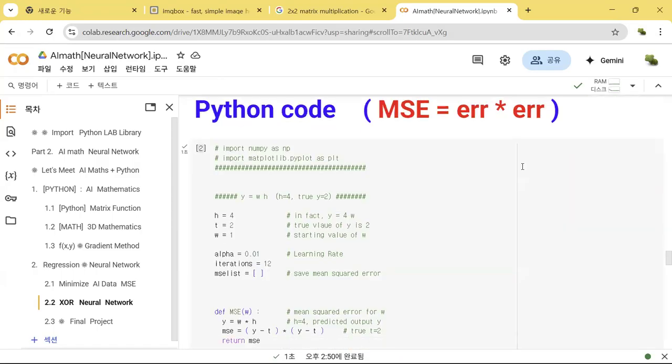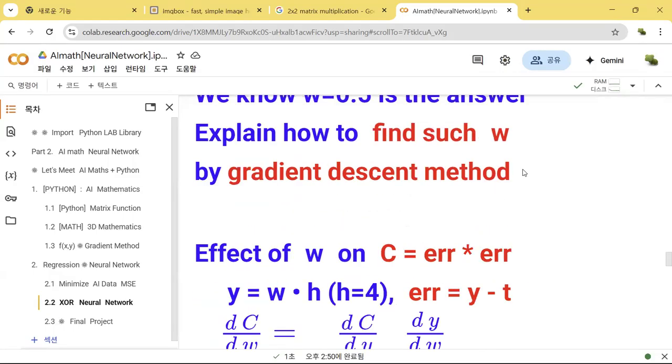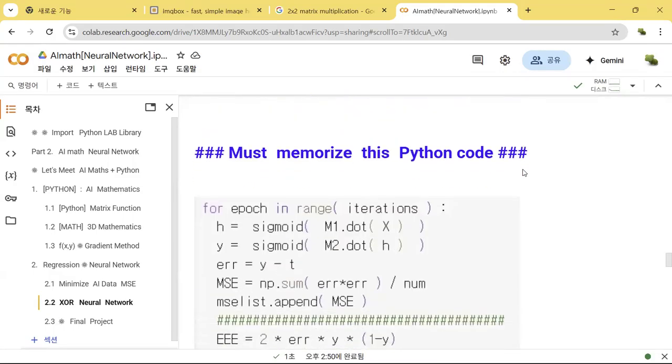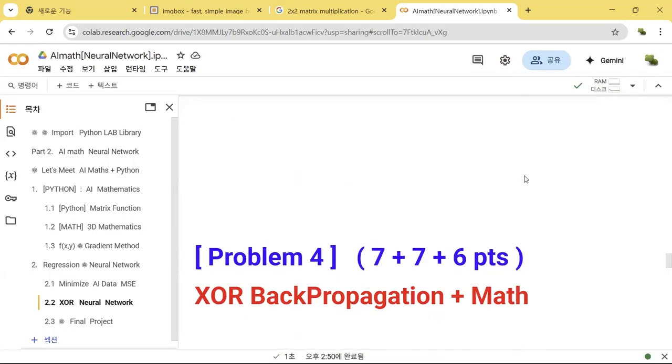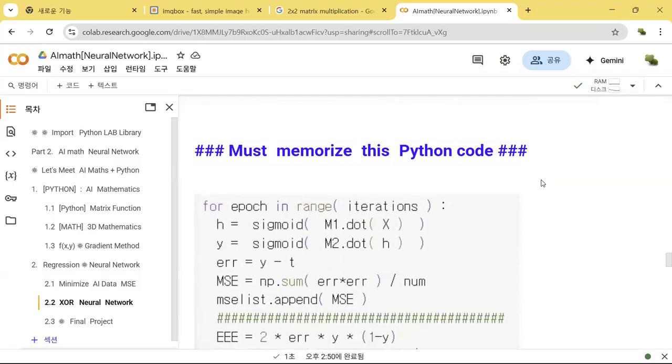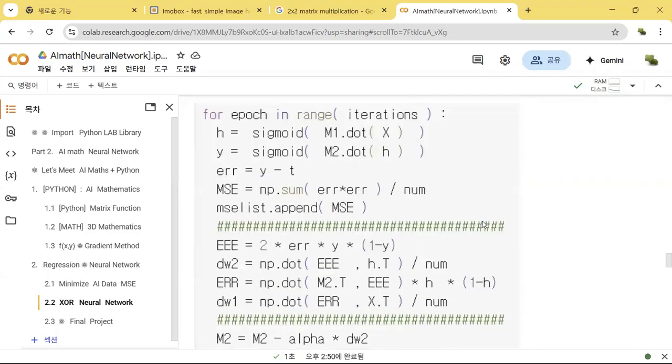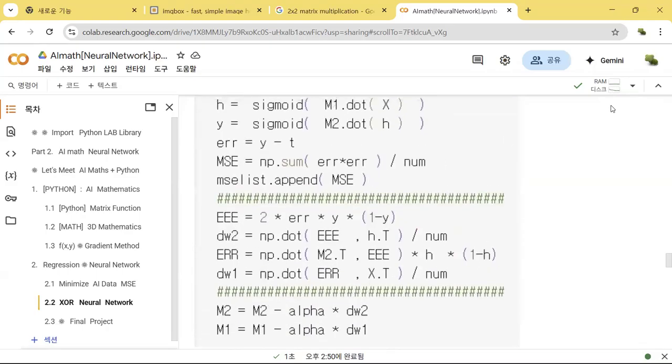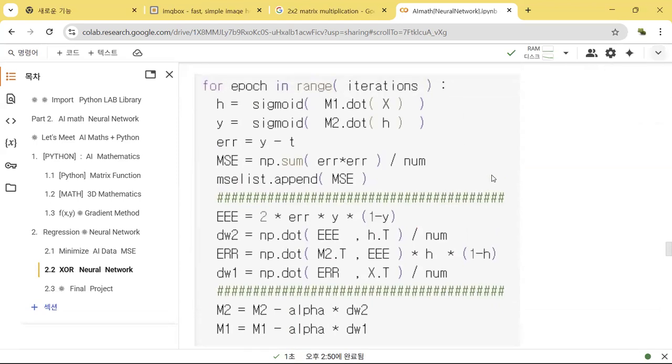And let's go to problem 4 for our final examination. Before that, this is problem 4. Problem 4 and 5 and our final project are all related to this fundamental code, as you see from the screen, okay?